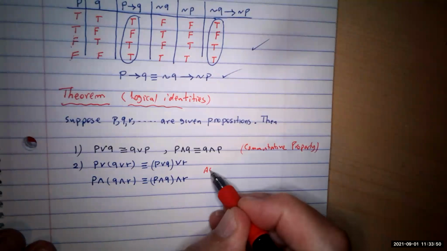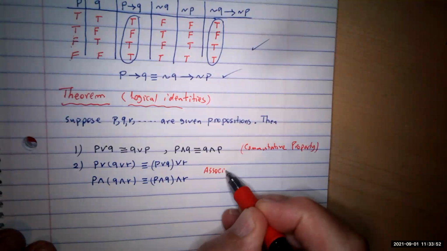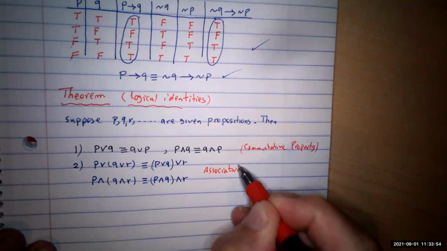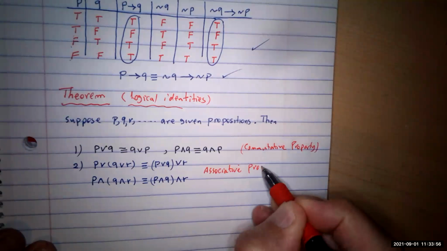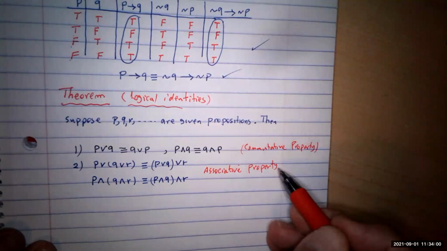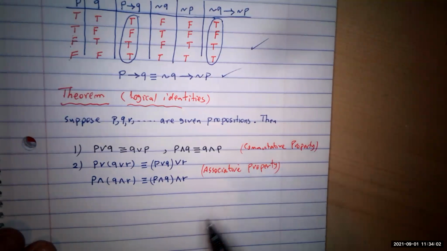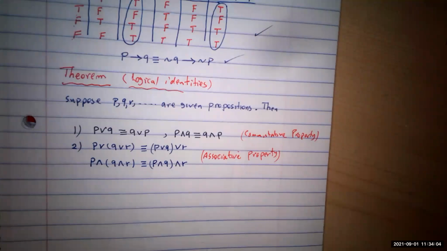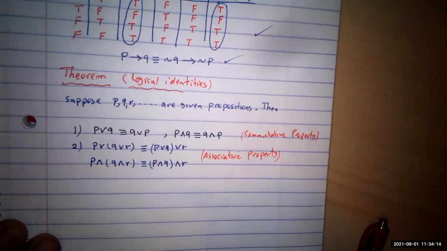Associative property, for the number or otherwise. And they are clear. If you want to prove it, you have to draw the table to get these numbers down. So commutative, associative. The third one is distributive.